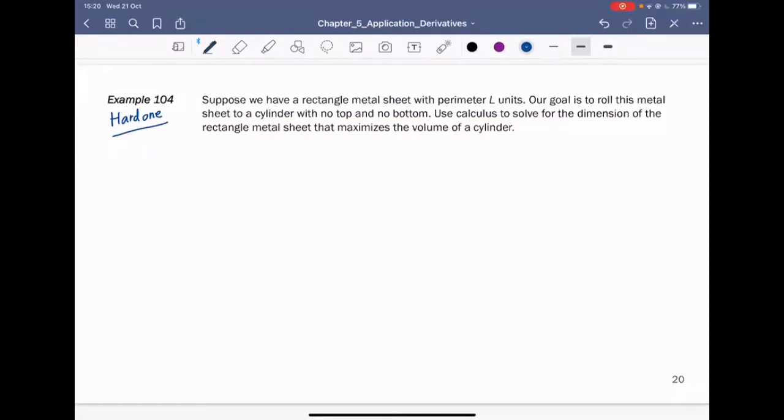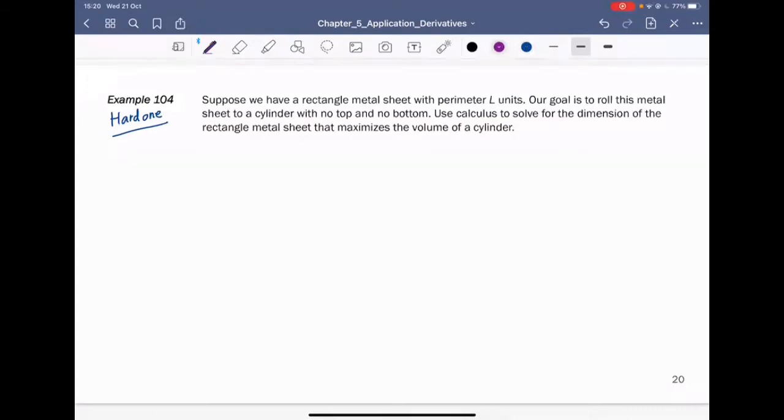So let's say, suppose we have a rectangle metal sheet with perimeter L units. Our goal is to roll the metal sheet into a cylinder with no top and no bottom. Use calculus to solve for the dimension of the rectangle metal sheet that maximizes the volume of the cylinder.